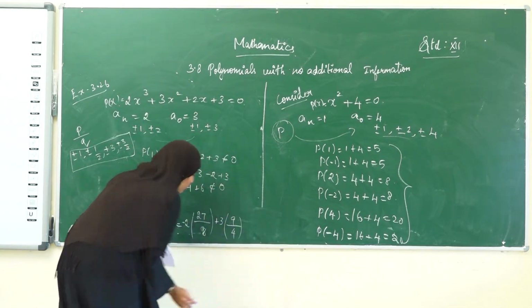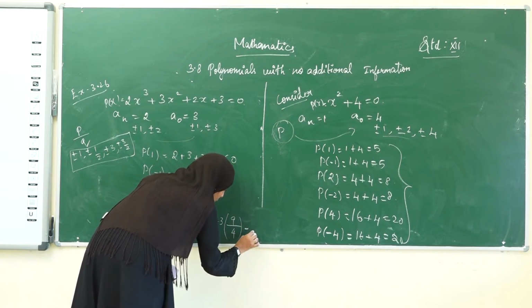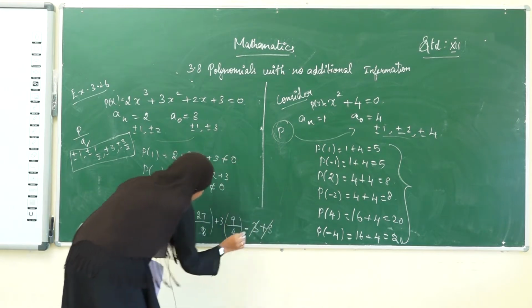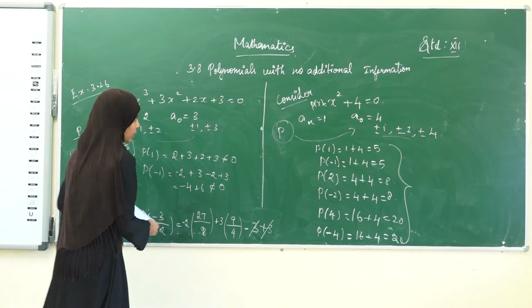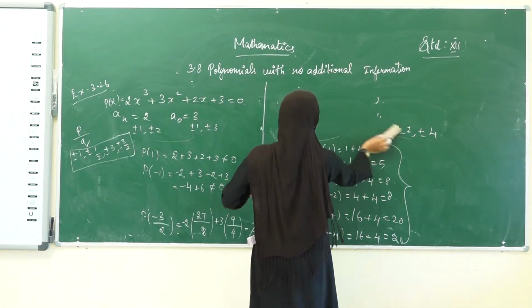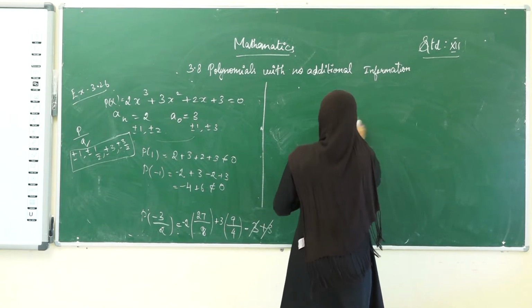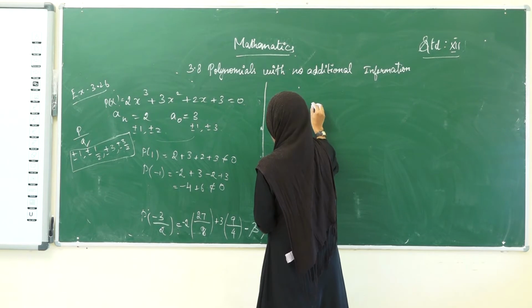Plus 2 into minus 3 by 2 is minus 3, plus 3. This term and this term get cancelled. Now solve this equation.